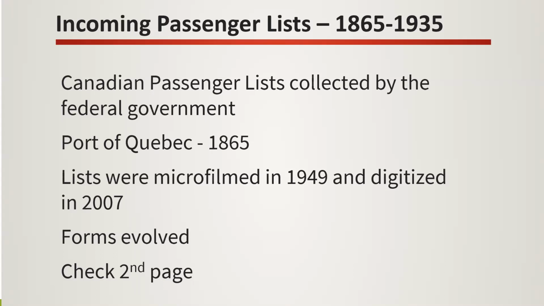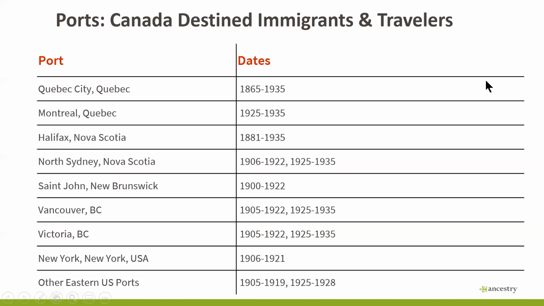The forms, like the birth, marriage, and deaths, they evolve, and the later forms are actually large. They're huge. There's 3 pages. So check if there's a second page, but even if there's a third page, by going next on your digital image. These are all of the ports that we had in Canada and their start dates and the ranges that we have on Ancestry.